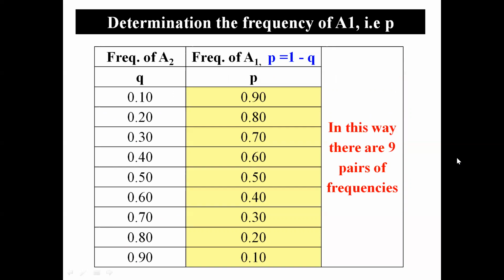So P is equal to 1 minus Q. If Q is equal to 0.1, naturally P will be equal to 0.9. In this way, there are 9 pairs of frequencies. You may determine all these other P values also. I have determined them here.